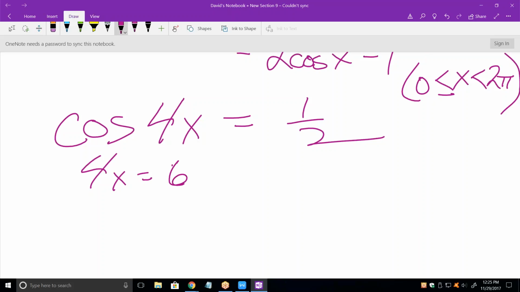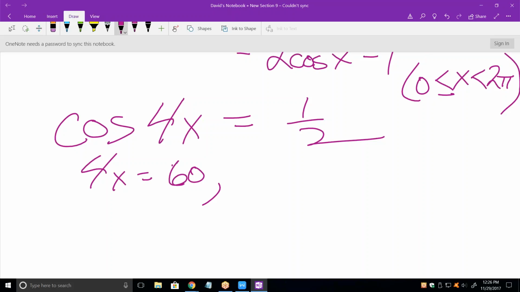Notice that is the complementary. It always is. If the sine of 29 is 0.4, then the cosine of 61 is 0.4. They're cofunctions. That's the definition of cofunction: subtract the angle from 90, and the sine of that angle is the same as the cosine of 90 degrees minus that angle, always. So that's one answer for 4x.